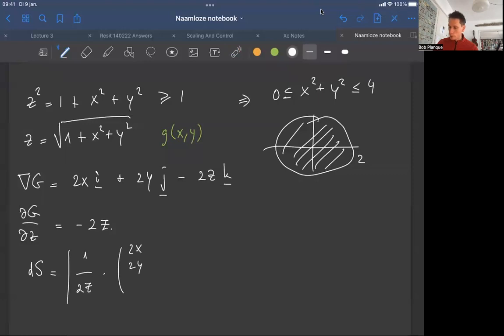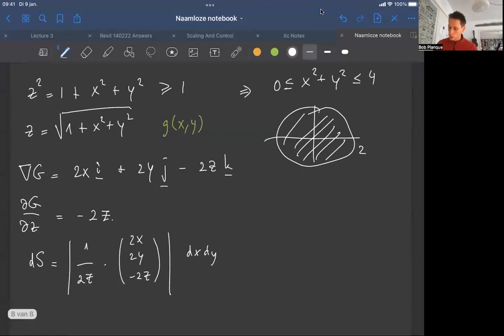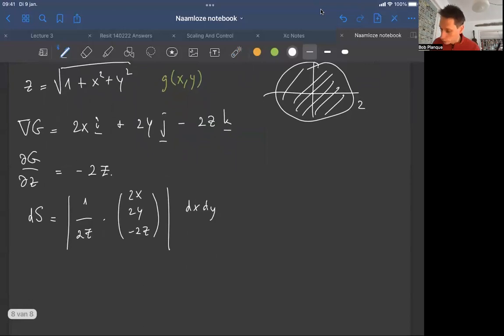I'm now writing it in vector notation because it's slightly more transparent, I think. Yeah, this is my normal vector scaled with dG/dz to account for the kind of compression factor. So this is just a vector and we have to look at its length.